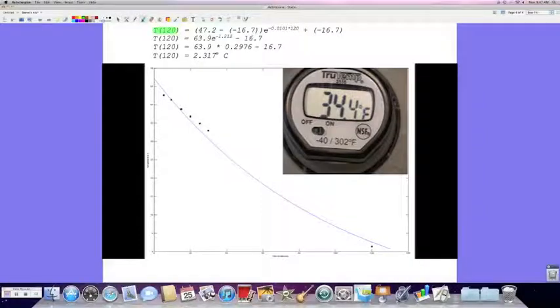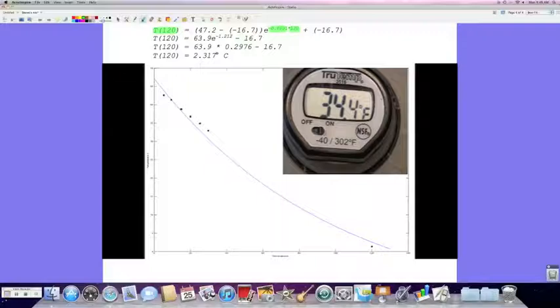Notice that I have negative 0.0101 for my K, and I again simply put these values back into the equation and apply mathematics.